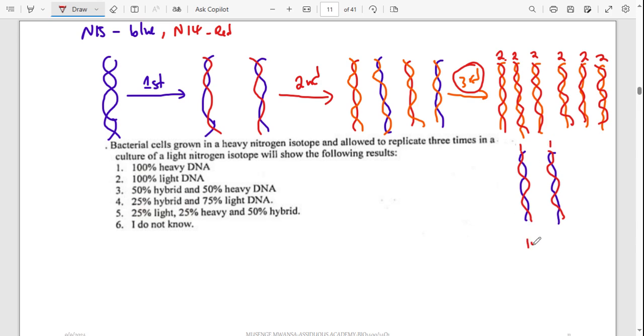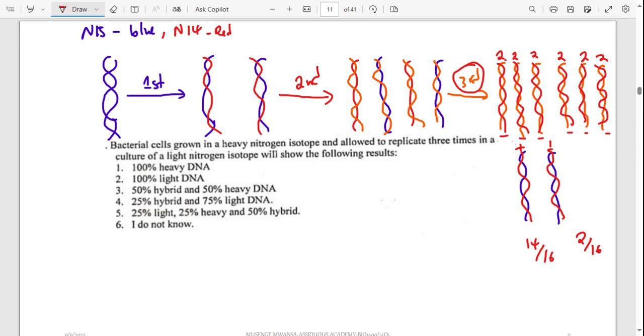So you have got 14 strands which are red. And out of how many in total? If you count these, 1, 2, 3, 4, 5, 6, 7, 8, there are 8, but in each one of them there are 2. So 8 times 2, 16. 14 out of 16. The blue one is only 2 out of 16.